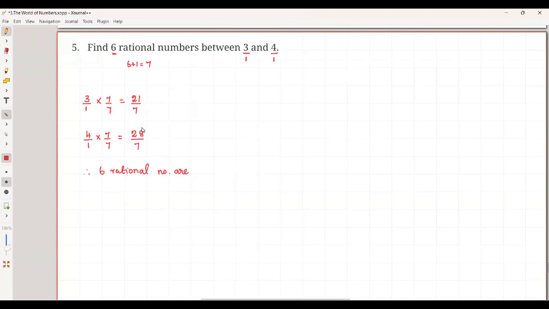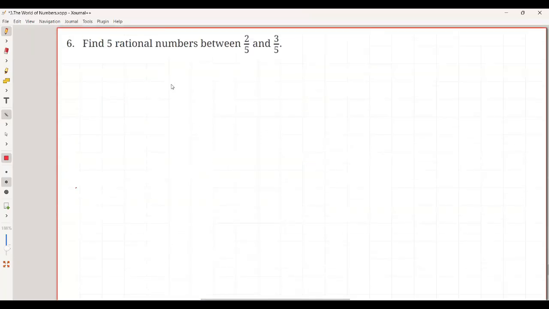Except these two, we have to write: 22 by 7, 23 by 7, 24 by 7, 25 by 7, 26 by 7, and 27 by 7. So we got 6 rational numbers.